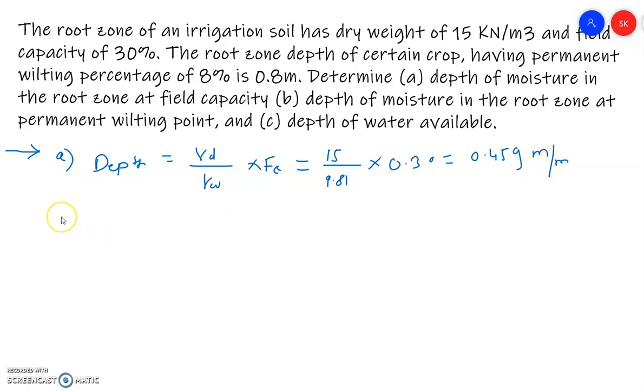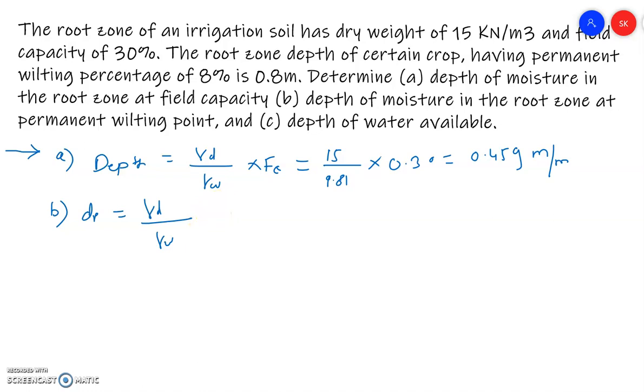Now the second point that we are supposed to solve is the depth of the moisture in the root zone at permanent wilting point. In the same way we will do. For permanent wilting point I can mention P, and I will find it in the same way, gamma d divided by gamma w, but instead of field capacity I will take permanent wilting point.